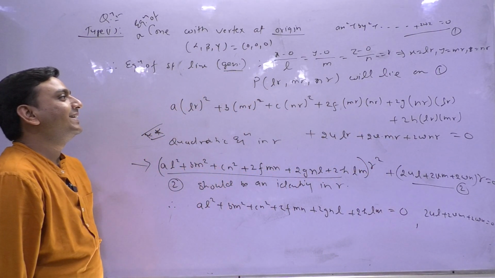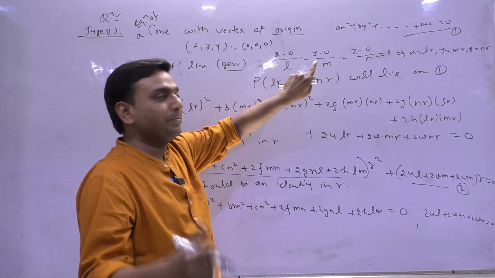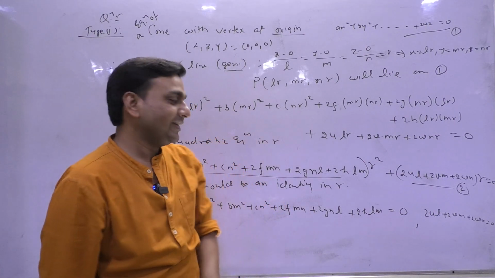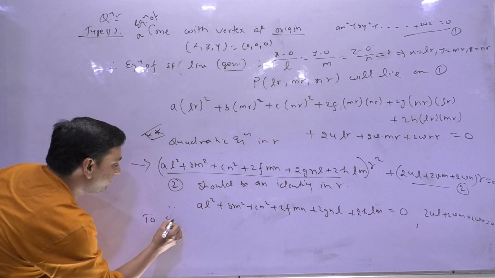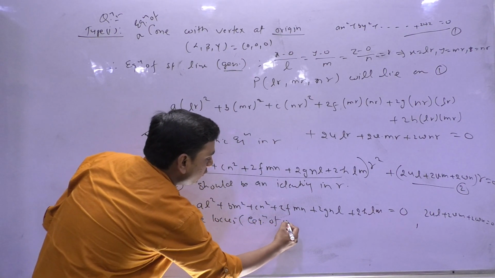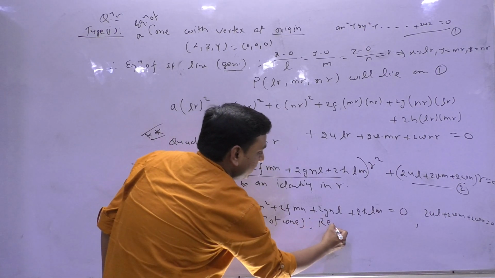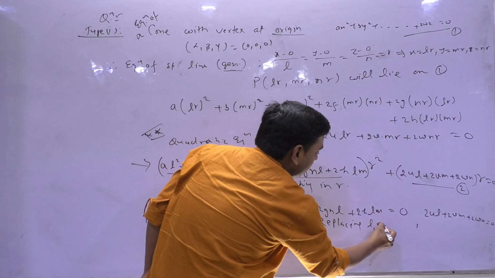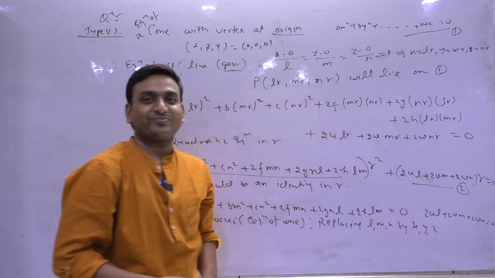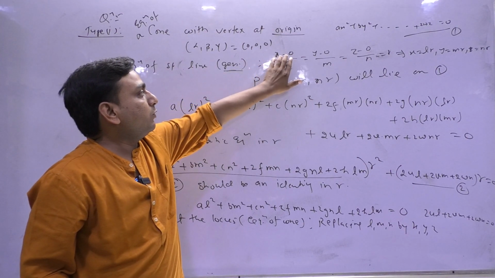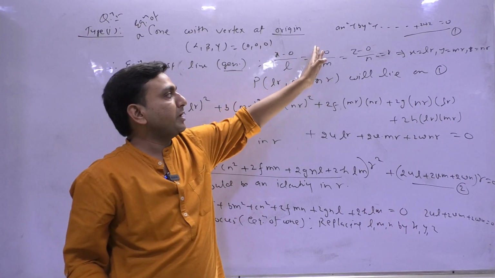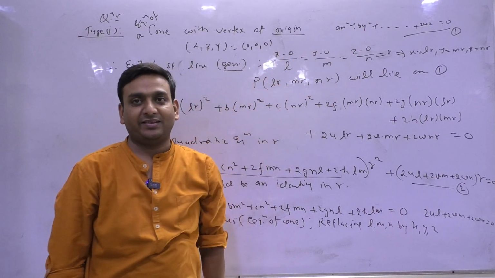What I told you initially: L, M, N are variables. So to get the locus or equation of the cone, what I'll be doing is replacing L, M, N by x, y, z. If it were x minus alpha, then I would replace L by x minus alpha, M by y minus beta, N by z minus gamma.